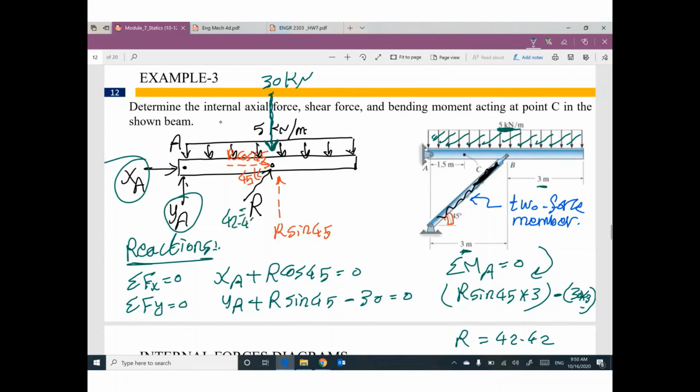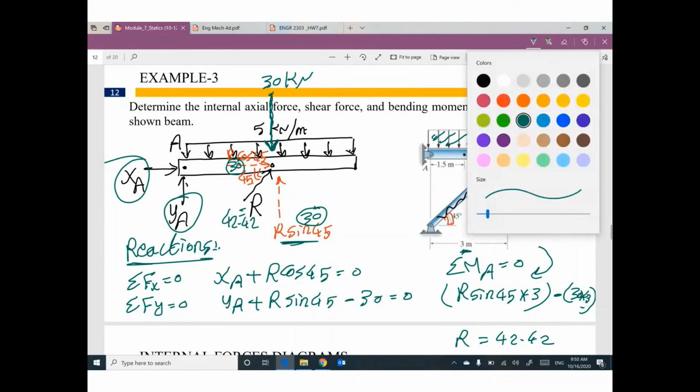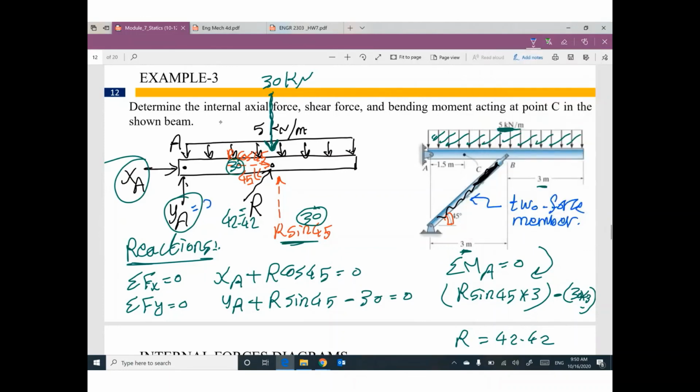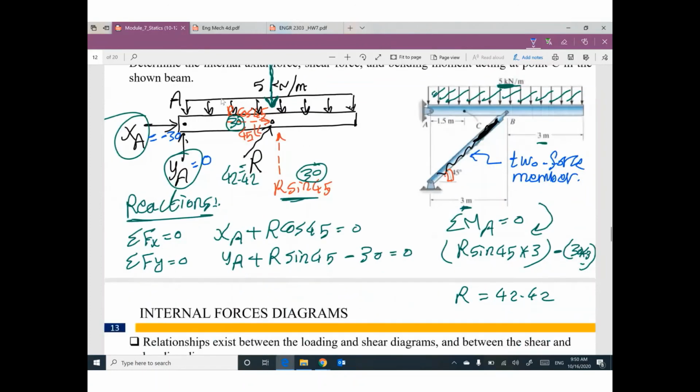So the vertical component will be 30 and the horizontal component will be 30. So this reaction will be 0 and this reaction will be negative 30. XA will be negative 30. Negative means in the opposite direction. YA will be 0.